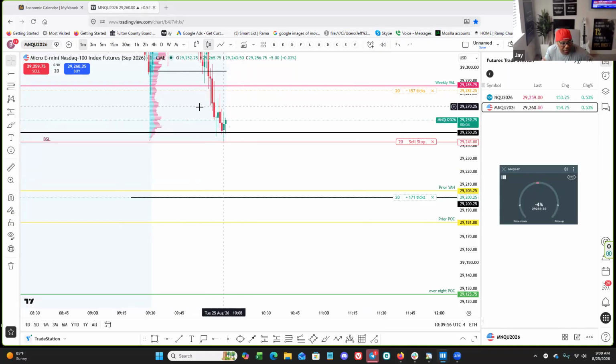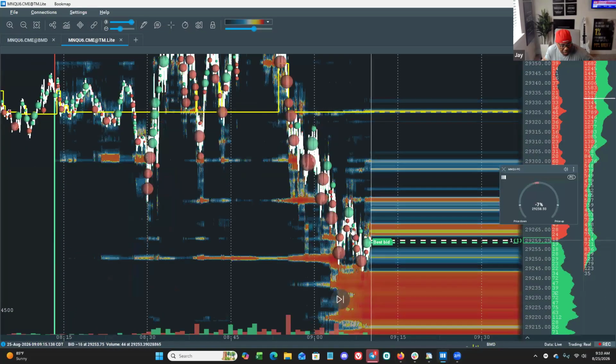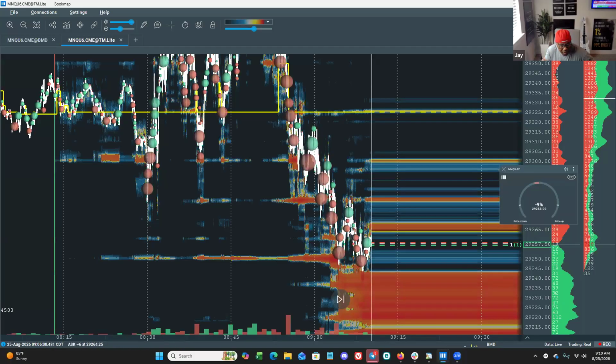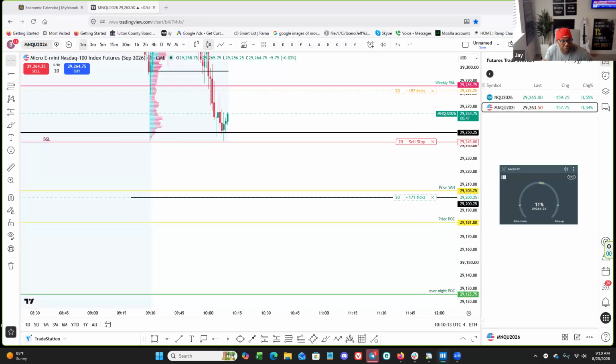It's just in this little area right here that price needs to break from. It doesn't matter to me if it goes up or down. It just needs to come out of that area so we can get some context of what's up next.